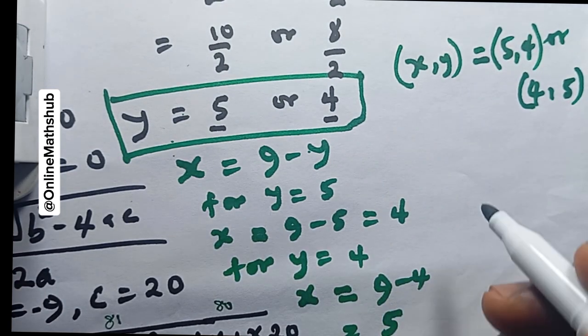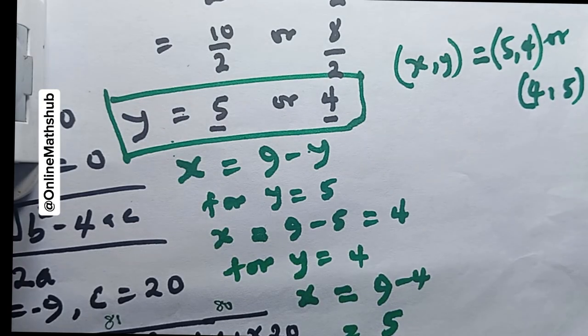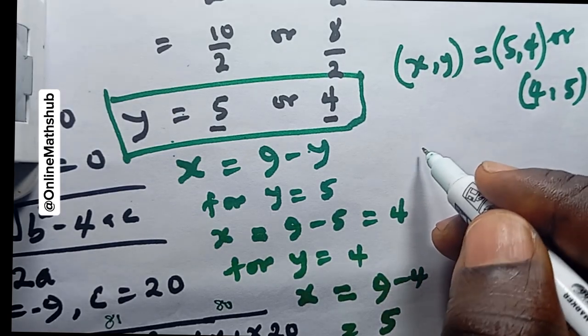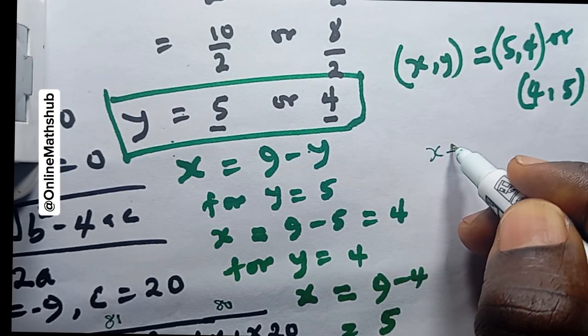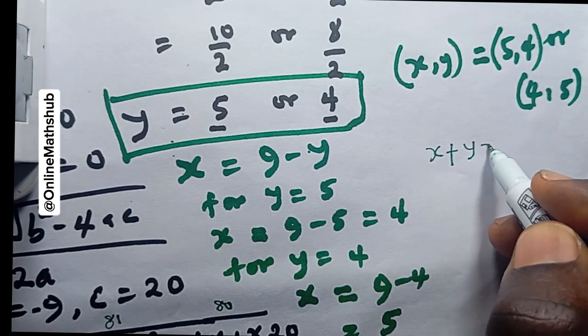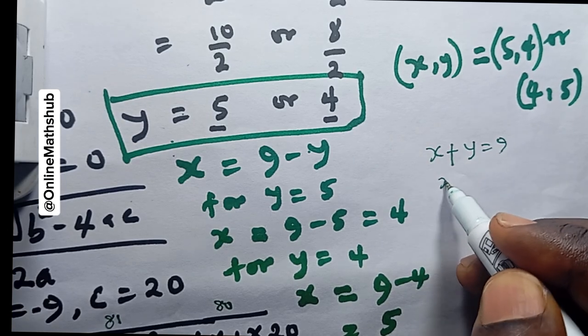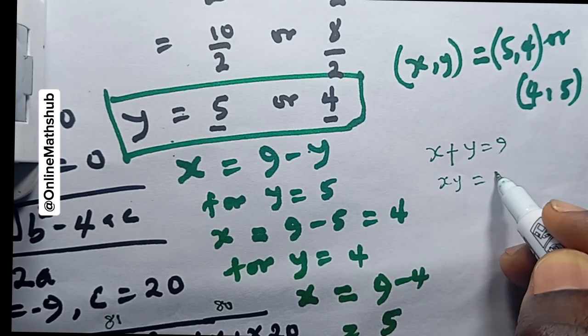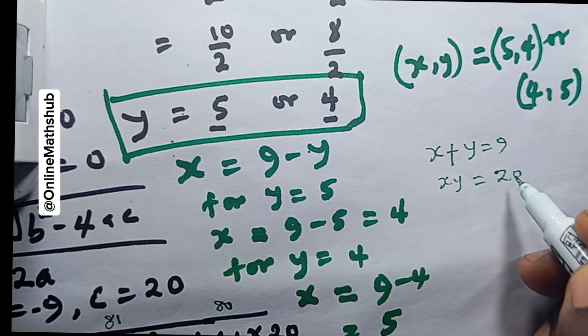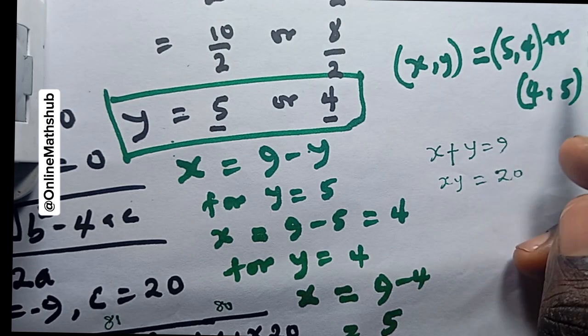Okay, and then of course you can actually go ahead to find out whether this will satisfy the problem we are solving. So the problem we just solved is x plus y equal to 9, and then of course x multiplied by y equal to 20. So you can actually use any of these.